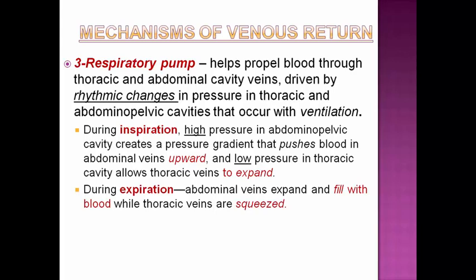This causes a pressure gradient that propels the blood into abdominal veins upward toward the heart. The lower pressures in the thoracic cavity allow those veins to expand within the thoracic cage, and the blood to be accepted higher above the diaphragm.